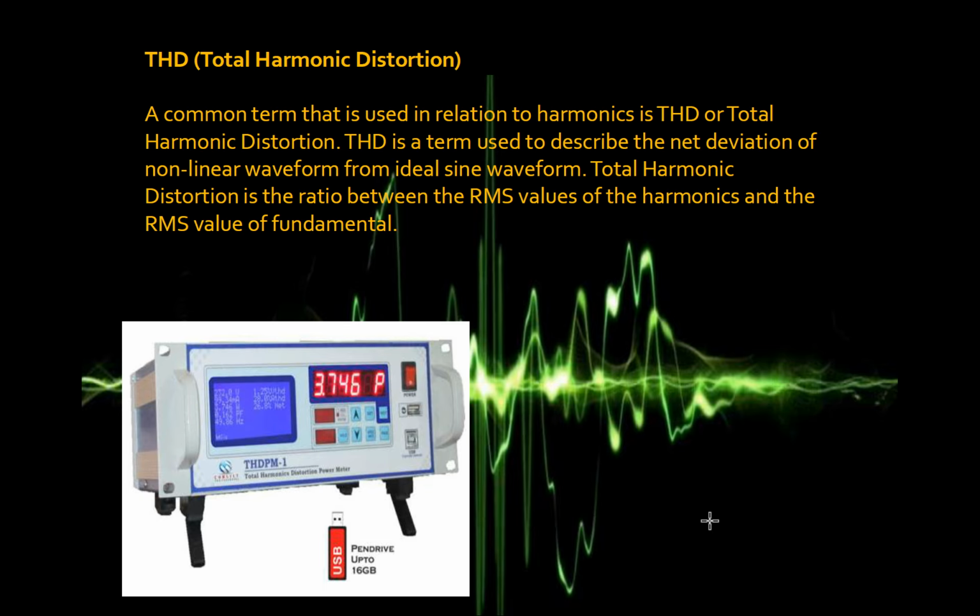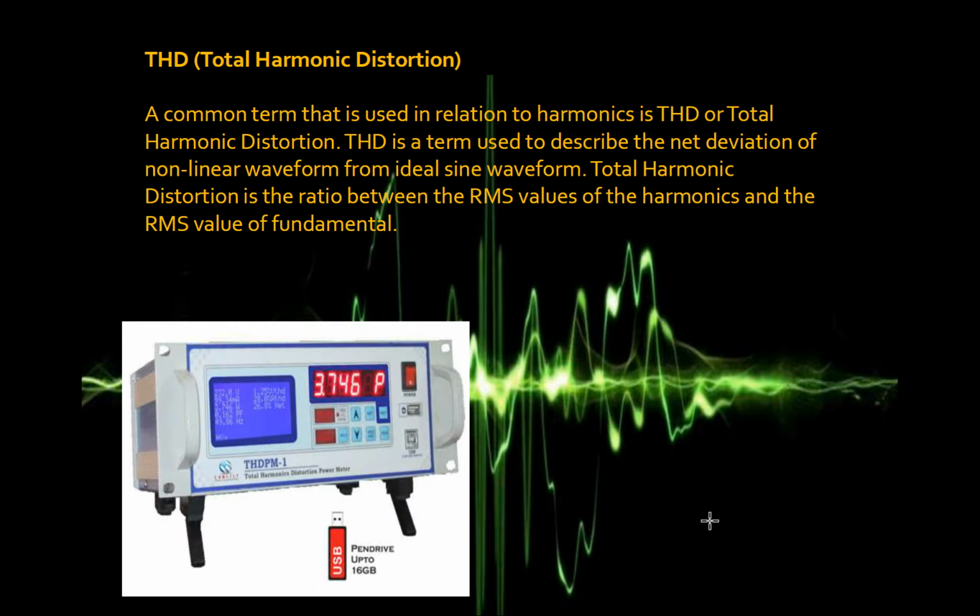Normally, in terms of harmonics, we call it THD, or total harmonic distortion, to describe the net deviation of a nonlinear waveform from our ideal sine waveform.